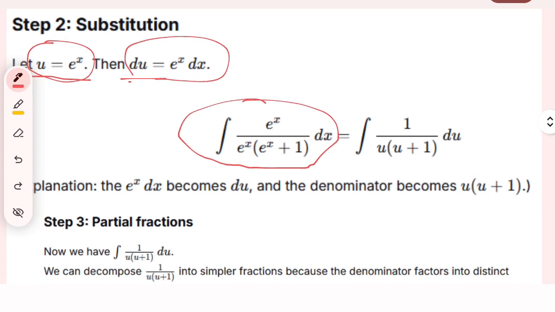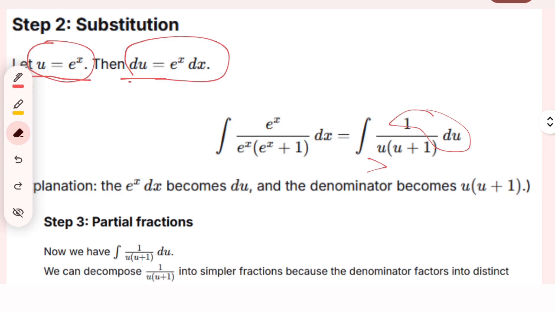So e to the x dx becomes our du. Because we let u equal e to the x and du equal e to the x dx, this becomes our du.